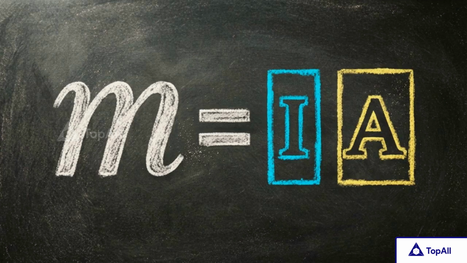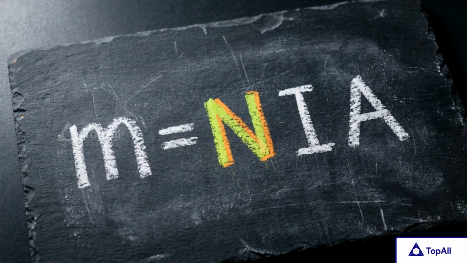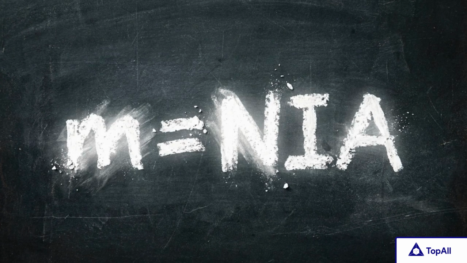You calculate it by multiplying the current I by the loop's area, A. This single value defines the overall magnetic strength of our loop. If you wrap the wire into a tightly wound coil with multiple turns, represented by a capital N, the magnetic moment scales up. You just multiply the original equation by N to get the new total strength.